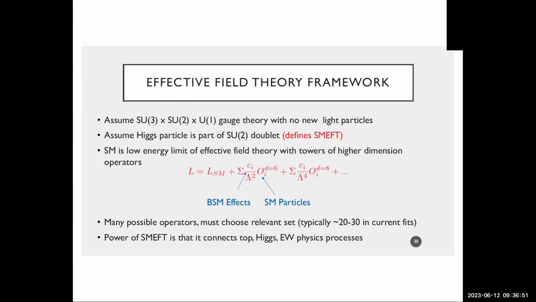We start with dimension 6 operators, which are scaled by a factor of 1 over some energy scale, 1 over lambda squared, and then dimension 8 operators, which are scaled by 1 over lambda to the 4th, and so forth. There are many, many operators. All of these operators are made up of standard model particles by assumption, and all the new physics results in these coefficient functions. So there are many, many operators that I can write down.